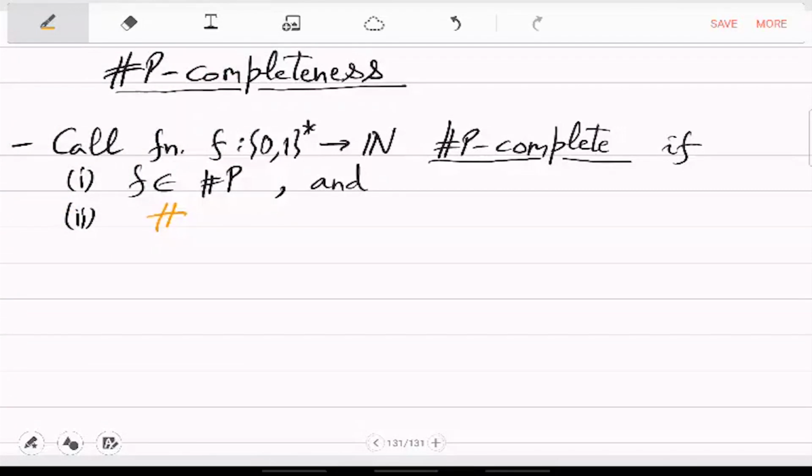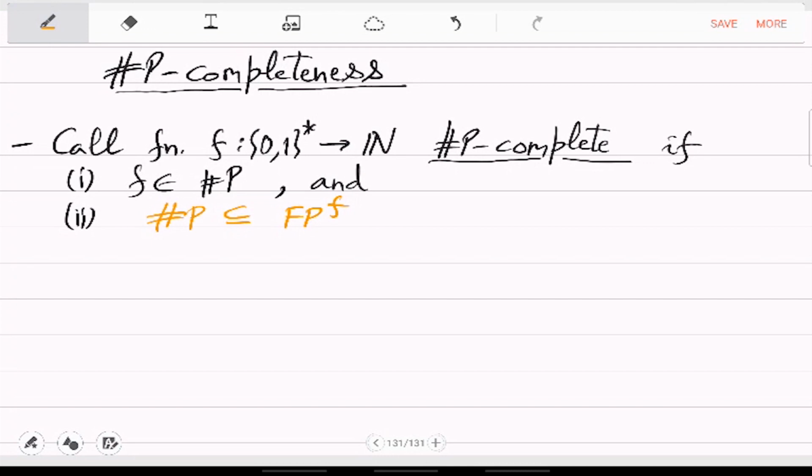So #P should be in FP given f. Okay, so this is a nice way to say that every problem in #P reduces to f. Basically, #P should be a subset of functional, efficiently solvable functional problems using f as an oracle.